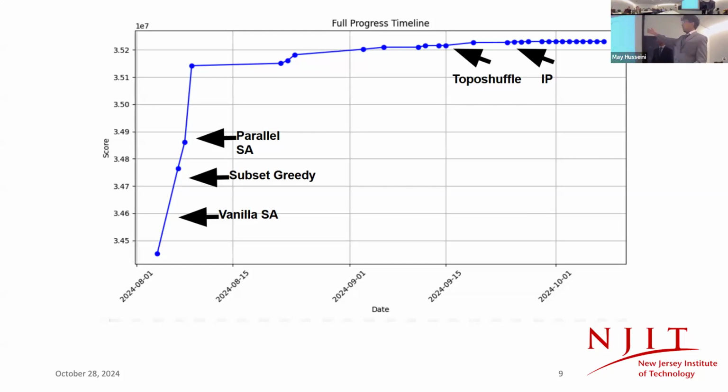After that, we did the parallel simulated annealing, which is relatively trivial to do with Go. After that, we started seeing a lot more convergence, and then we started topological shuffle. It looks like a small impact at that range, but we're talking about fractions of percents here, so it doesn't look that big from this range. After that, finally, we started using IP in parallel with all those.